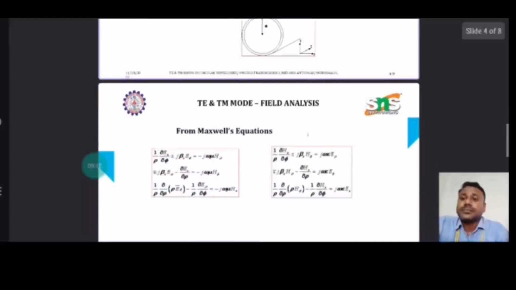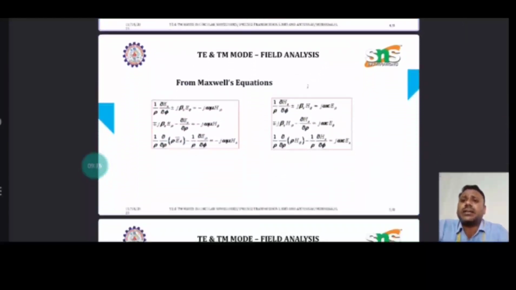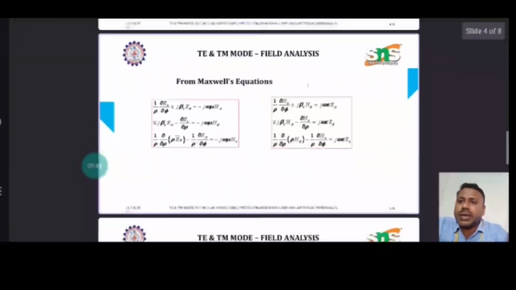In this slide, how the field analysis of transverse electric and transverse magnetic modes is generated. According to the boundary conditions of Maxwell's equations, a few derivations are mentioned for TE waves and TM waves. For TE waves, the derivation on the left side starts from 1 by rho dou E by dou phi plus or minus j beta E, which comes under Maxwell's equations, that is j omega mu H minus j omega mu H, the condition for transverse electric.